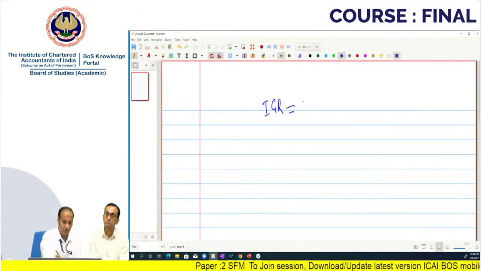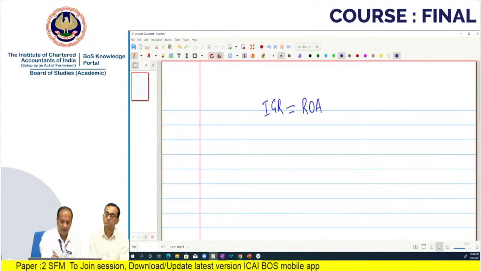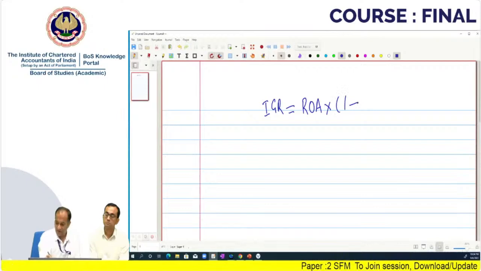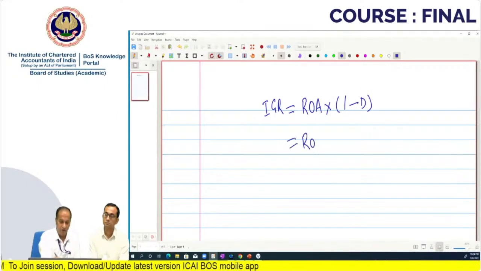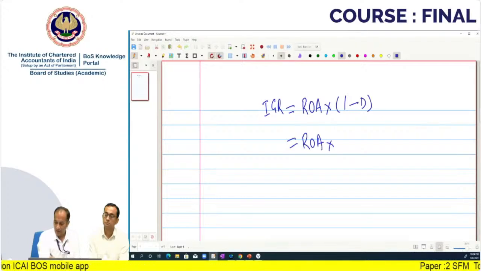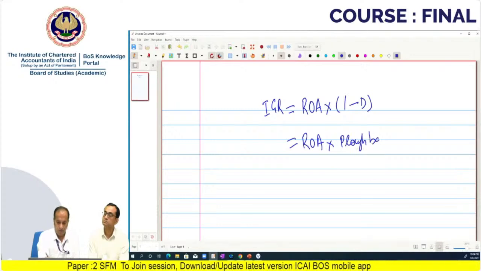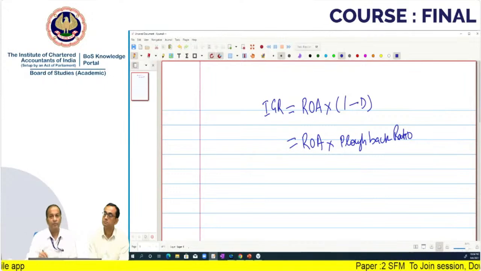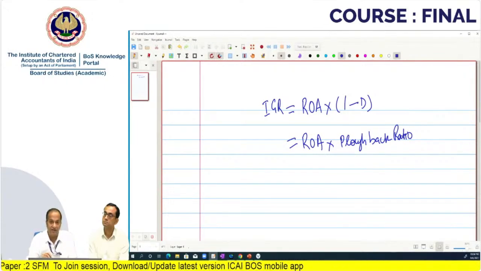IGR is equal to return on asset into 1 minus D, that is the dividend payout, or ROA, return on asset, into plowback ratio. Okay, so this is the IGR, internal growth rate.